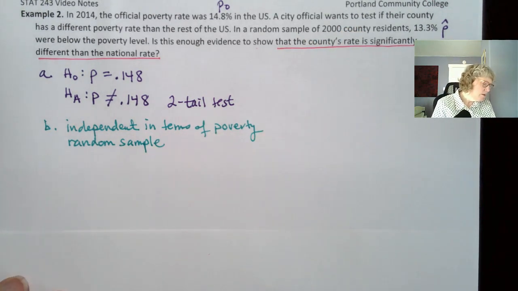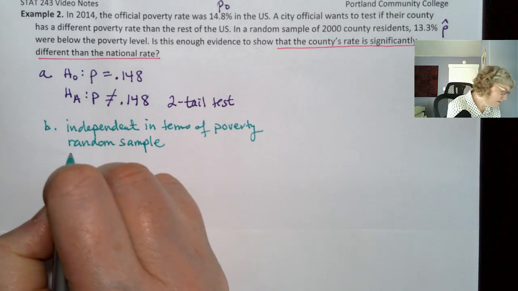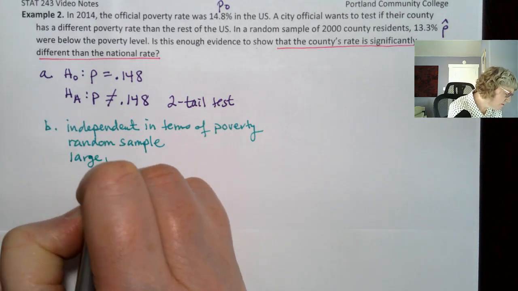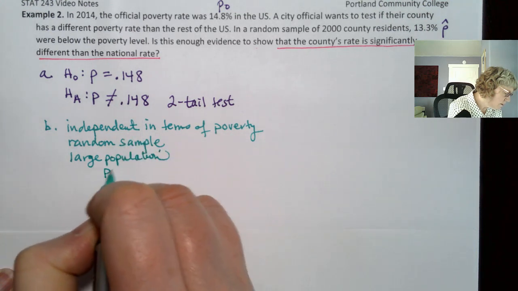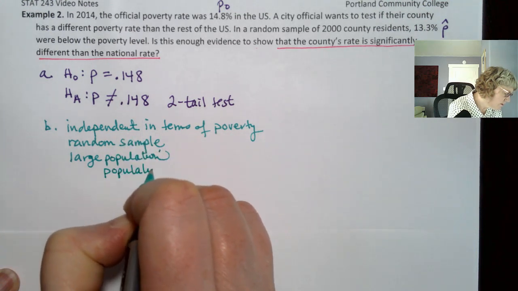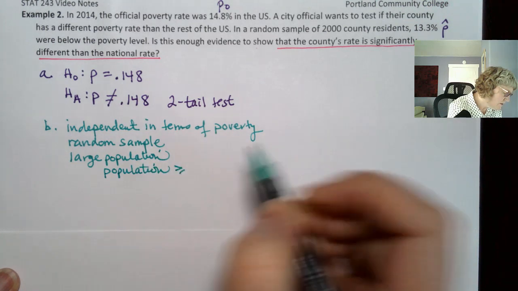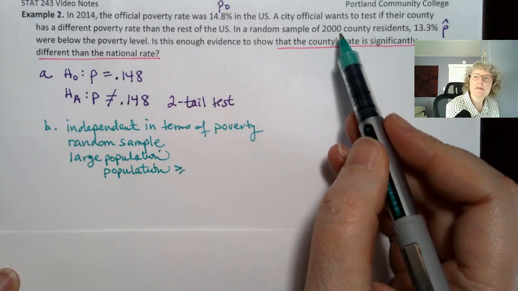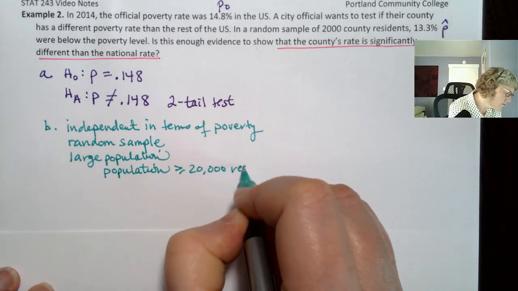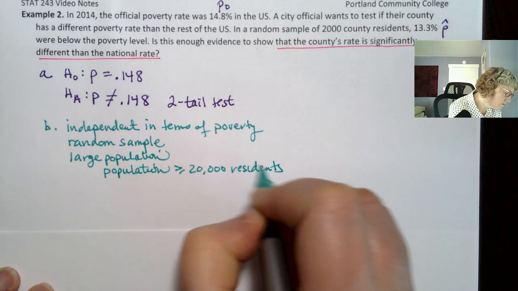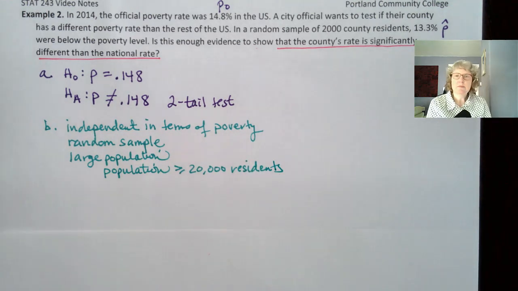Okay, so now this large population could get interesting, right? Large population, or you could just write population must be greater than or equal to, I'm going to add a 0 onto this, so that's 20,000. Since we would sample without replacement, we wouldn't ask the same person twice.